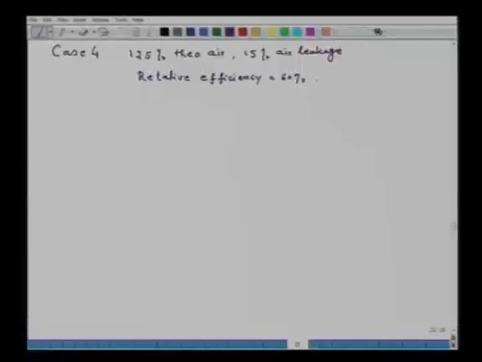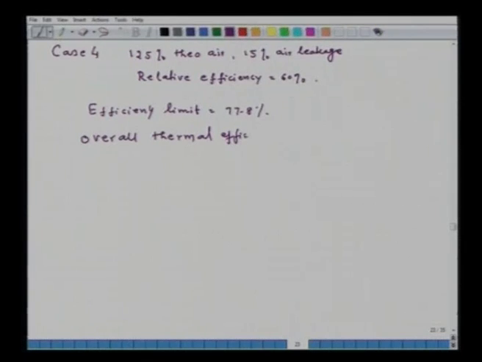So, now we can take the efficiency limit as we have just calculated. The efficiency limit we found was 77.8%. So, we can find out the overall thermal efficiency, which will be equal to 46.68%.